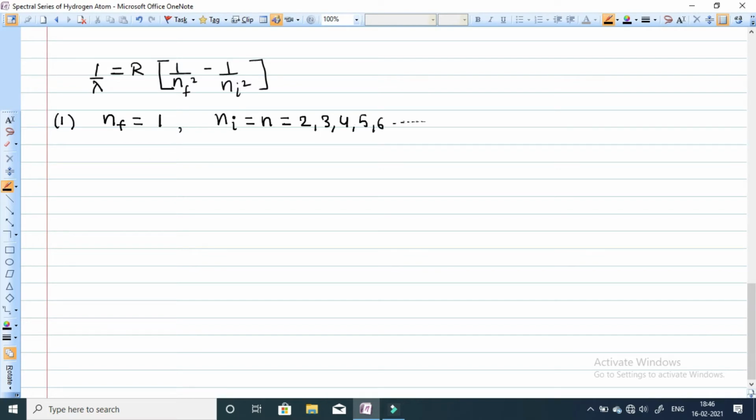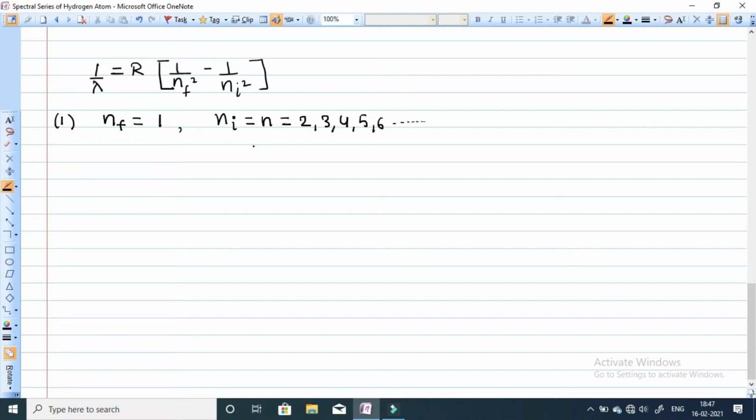When the electron makes a transition from 2 to 1, you will get one wavelength. From 3 to 1, you will get one wavelength, and 4 to 1, one wavelength. When you arrange these wavelengths in a particular fashion, you will get a spectrum, a series, and this series is known as the Lyman series.